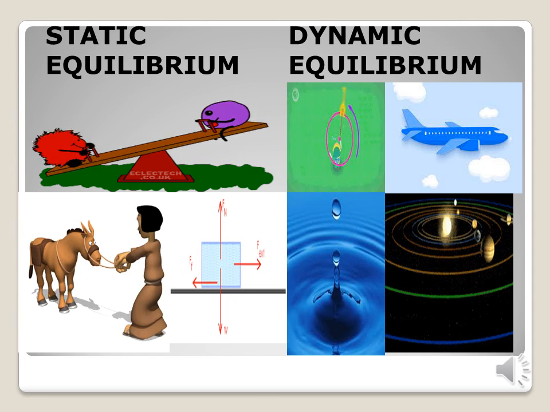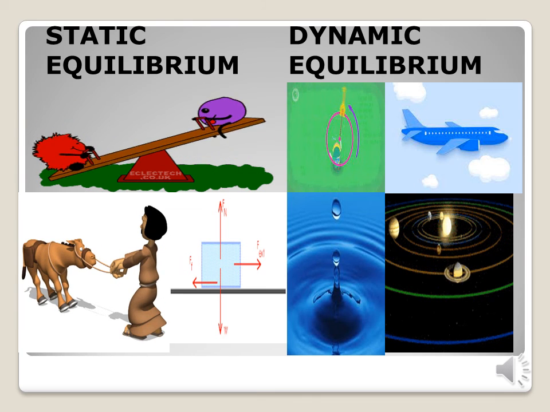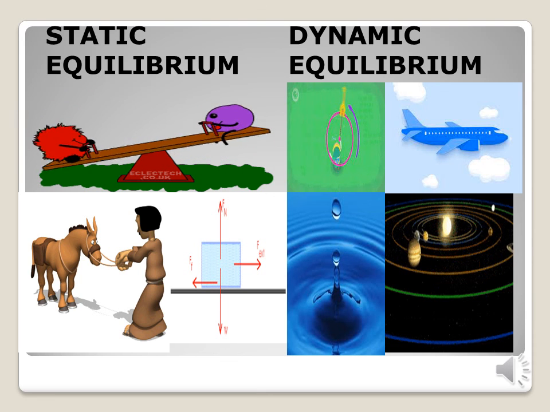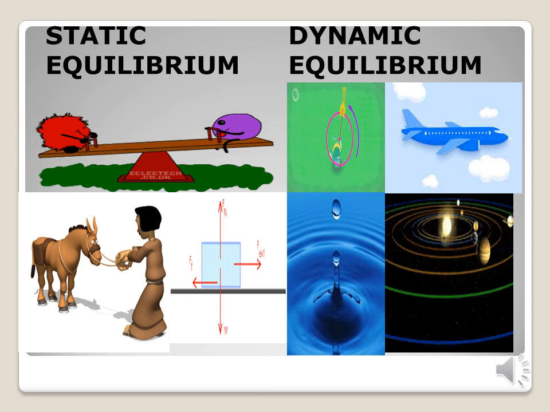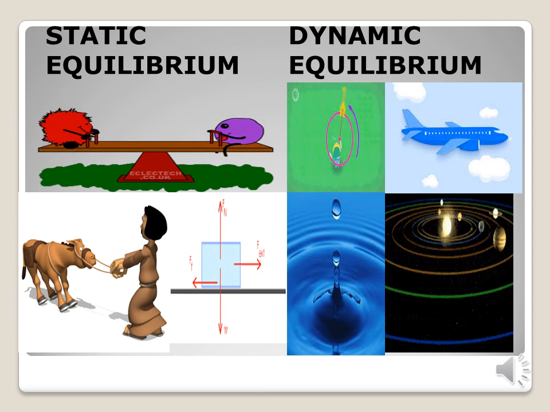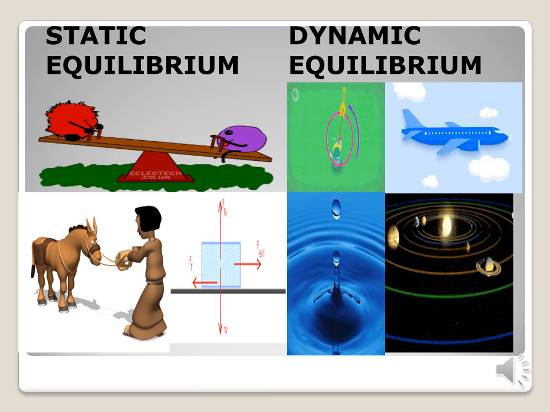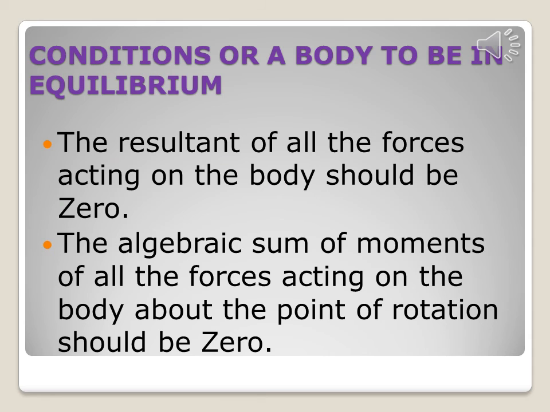Similarly, the motion of a planet around the sun, the motion of a satellite around the planet, or the motion of an electron around the nucleus of an atom are in dynamic equilibrium. In each case, the force of attraction on the moving body provides the necessary centripetal force for circular motion.